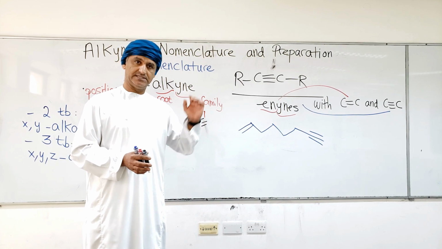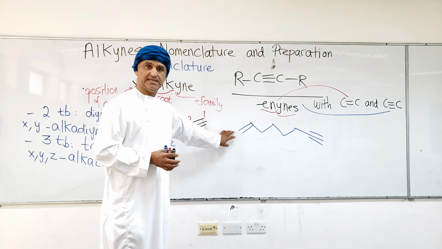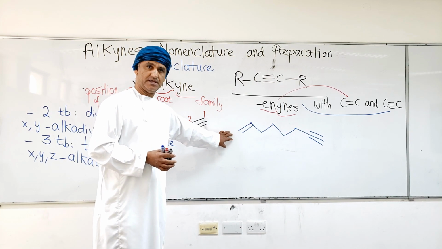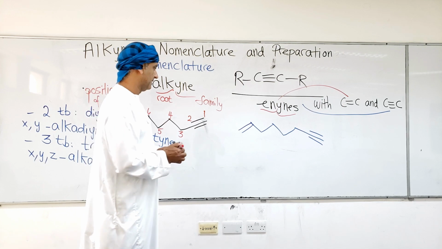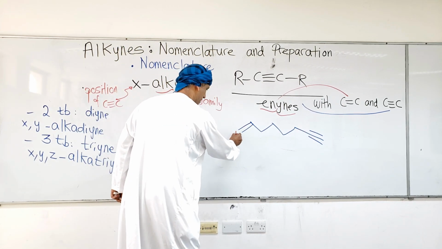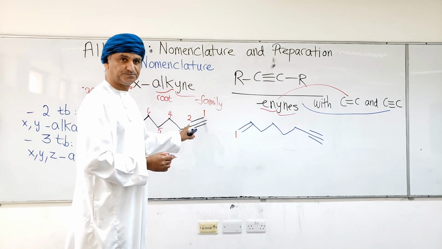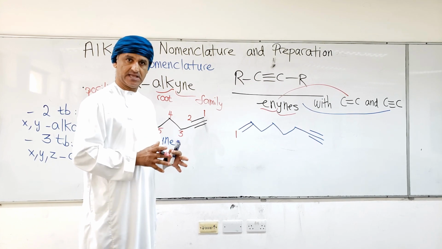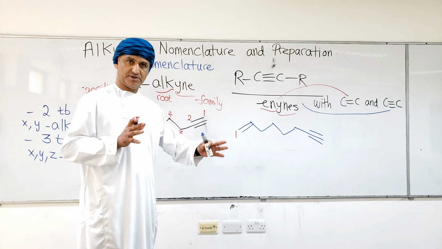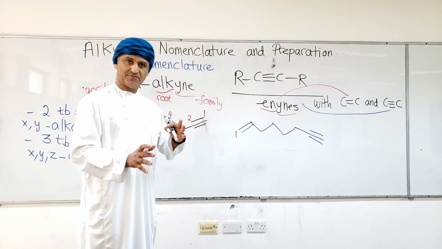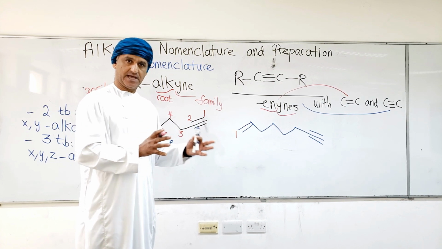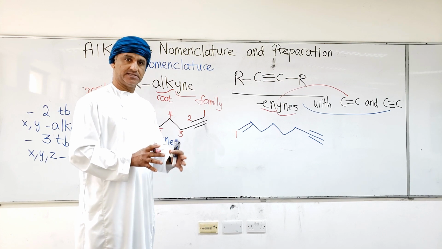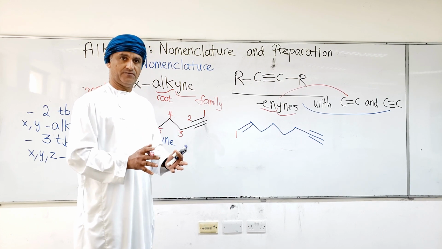And after that is the alkyne, which means the alkene here then receives number 1, and the alkyne receives number 7. So therefore, we should number from left to right rather than right to left. Alkenes get higher priority if numbering is the same from both ends. Alkenes get higher priority than alkynes in the nomenclature of ene-yne.